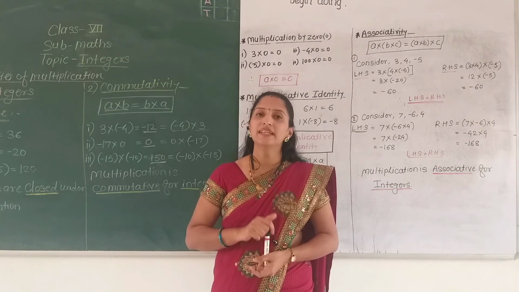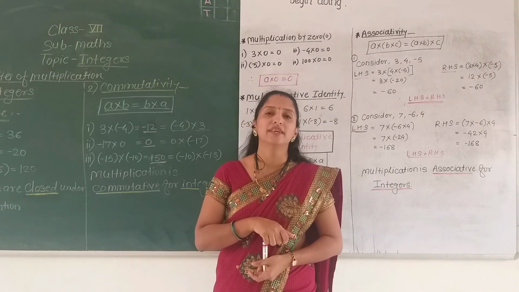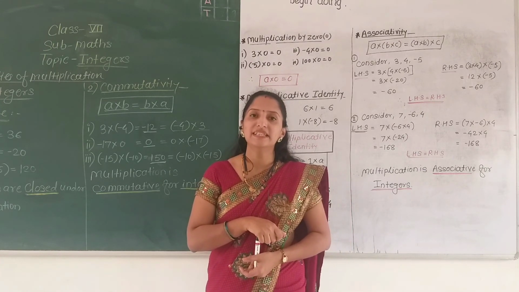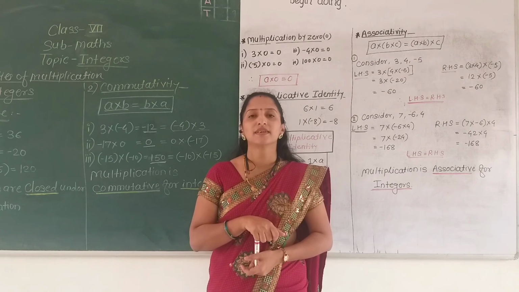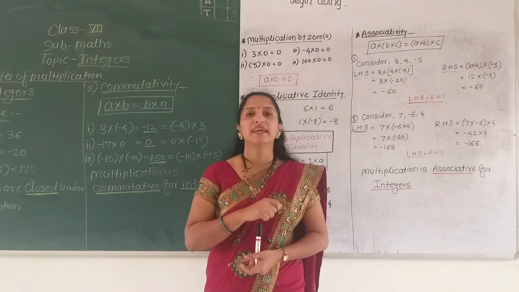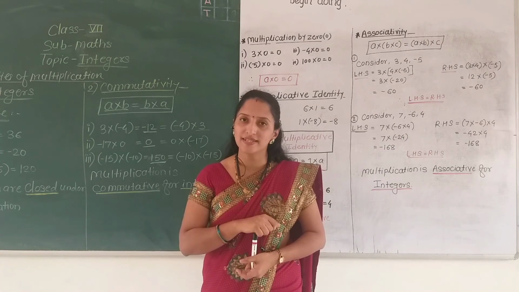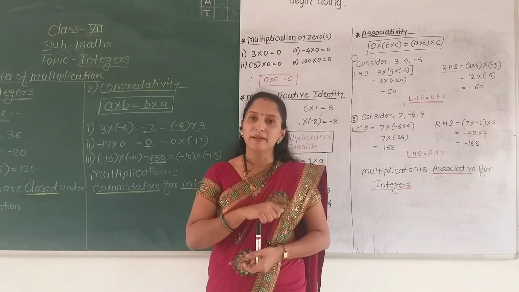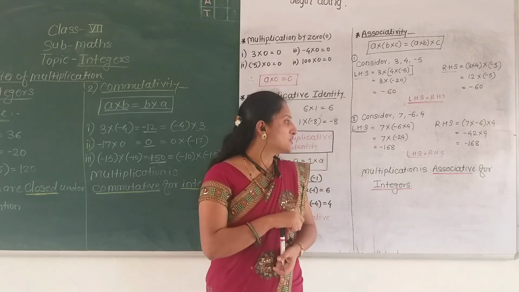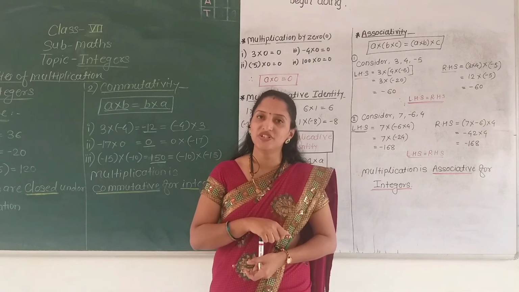Then associativity: whenever we multiply three integer numbers, if I make a group of any integers, it does not affect the answer. So multiplication is commutative and associative for integers.